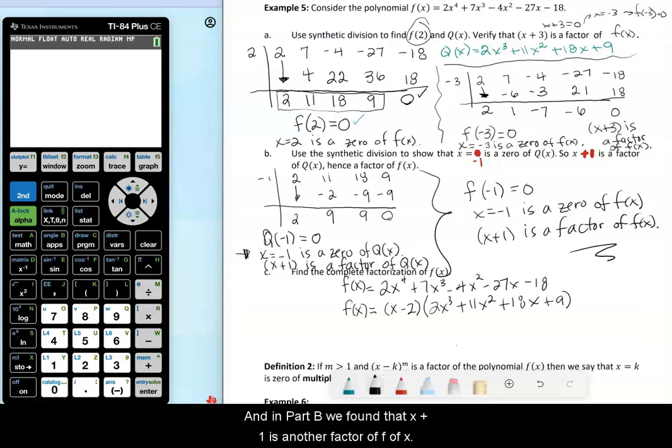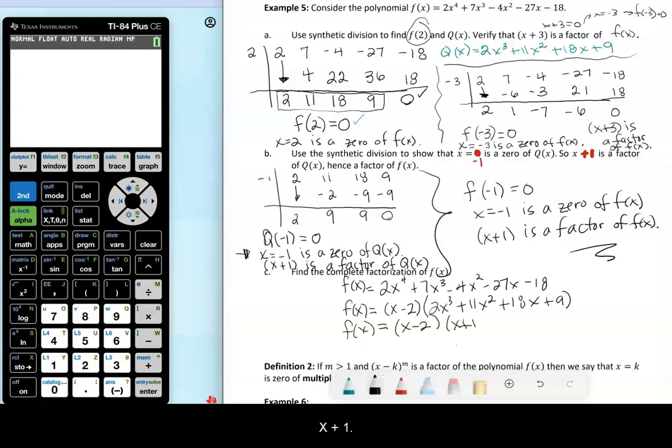And in part B, we found that x plus 1 is another factor of f of x. So f of x is equal to x minus 2, x plus 1, because x plus 1 was a factor of q of x as well. So now we're going to take the polynomial that's left over after doing the synthetic division with -1, and we're going to write it here.